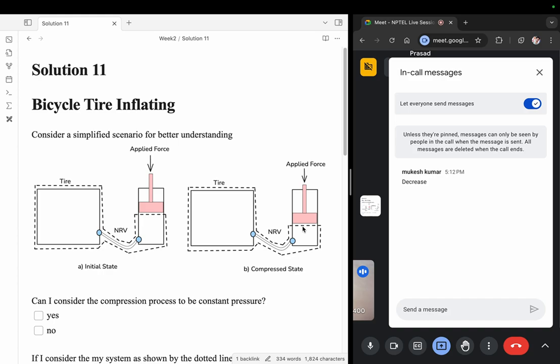Only if you do it fast, you call it an adiabatic process. So how fast should it be? What determines how fast should be considered as adiabatic? Or maybe I should ask, how fast is actually fast?